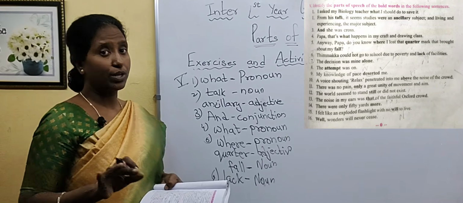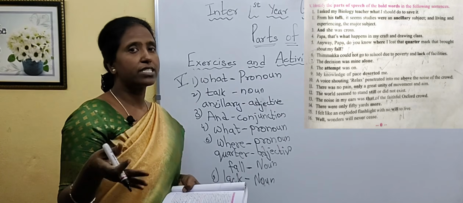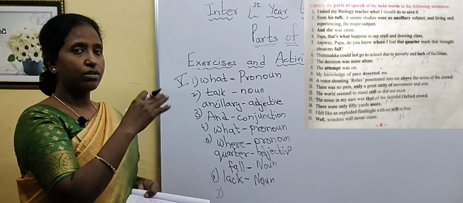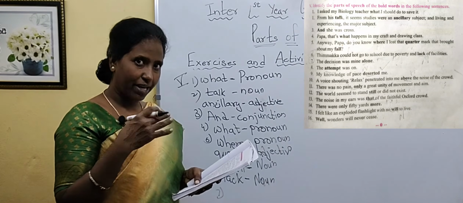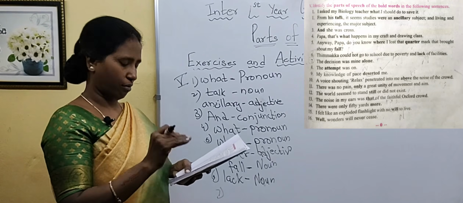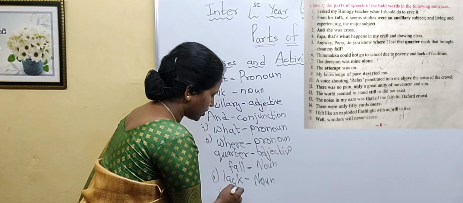Alone mine cannot be told, okay, that I made my individual decision without anyone's suggestion is what it means. It cannot come before, so it is coming after. It cannot be located before the pronoun. So alone is an adjective.